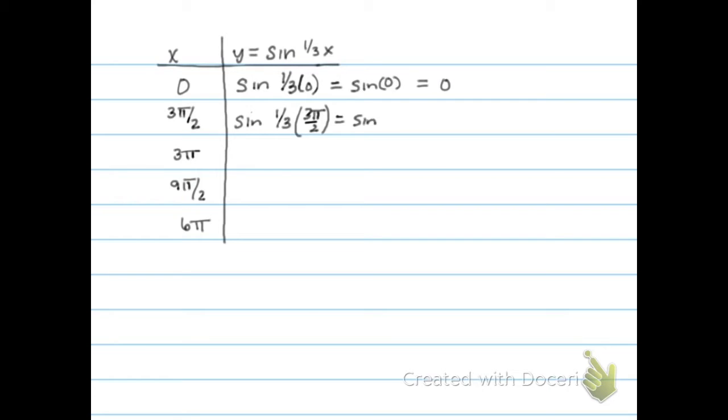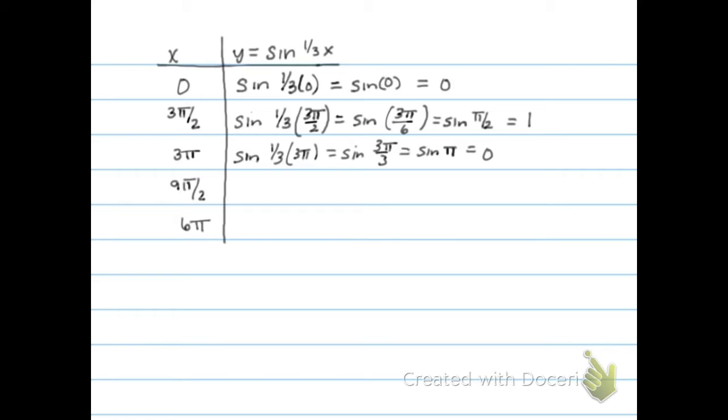Well, this is just the sine of 3 pi over, actually 6, which is the sine of pi over 2. And I know that is 1. Then I have the sine of 1/3 times 3 pi. Well, this is the sine of 3 pi over 3, which is the sine of pi, and that is 0.